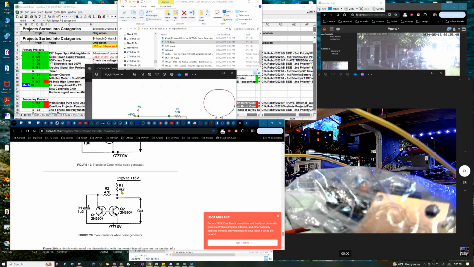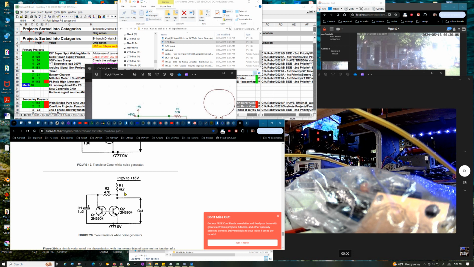The saturation on this, assuming 12 volts, would be somewhere in the neck of the woods of about 2.5 milliamps.